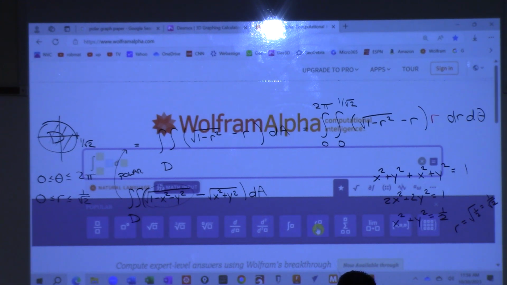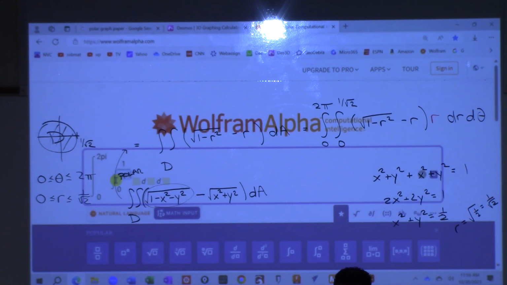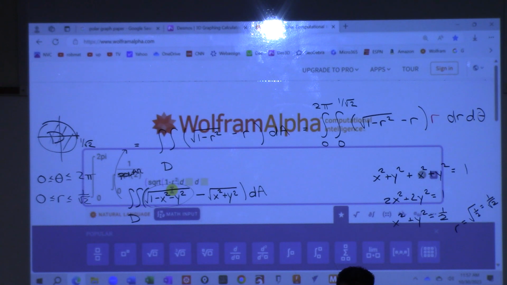Wolfram. Okay, I'm going to do double integral. So I do an integral. Inside that, I do another integral. So 0 to 2 pi. And then I can go 0 to 1 over square root of 2. See how it handles this. And then I'll do square root of 1 minus r squared.